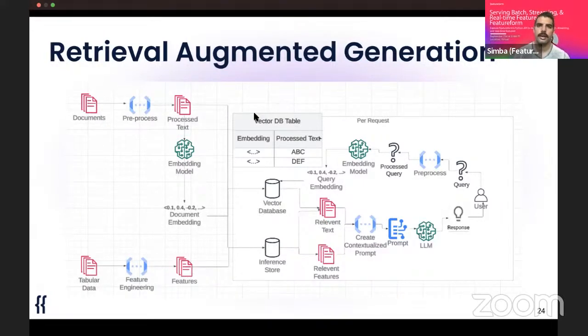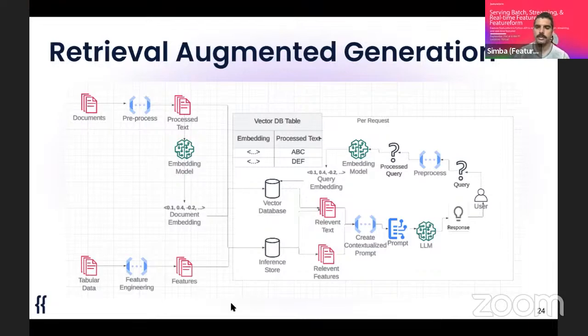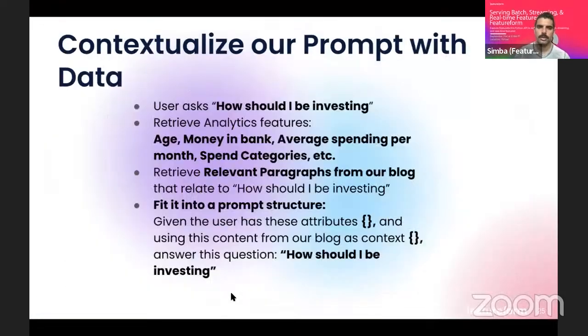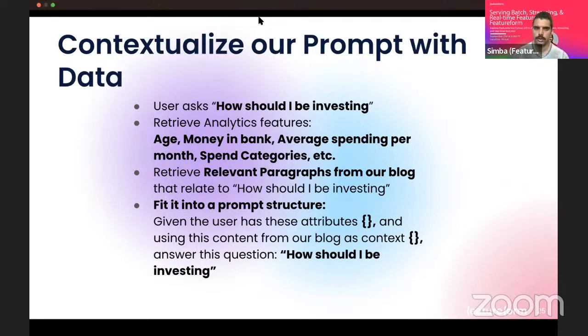Okay, so going back to LLMs, this is RAG. I'm going to break it down. The idea of RAG is, products like LLMs take a prompt. And by default, if you open ChatGPT and ask, how should I be investing? It's going to give you a pretty decent but very generic answer.